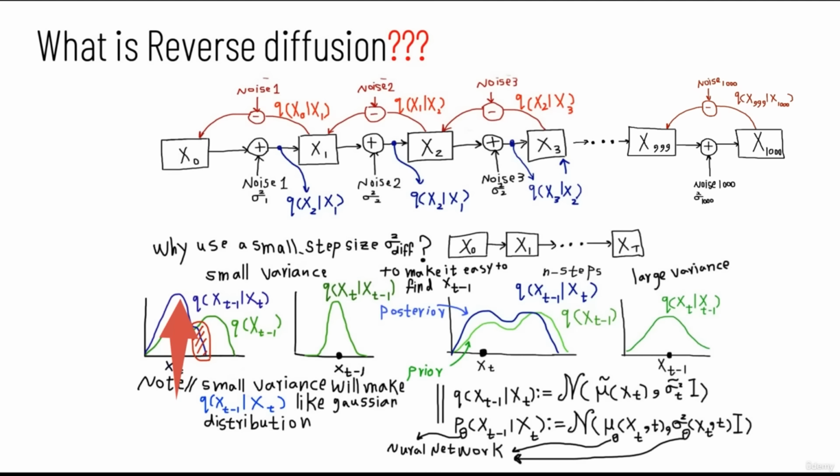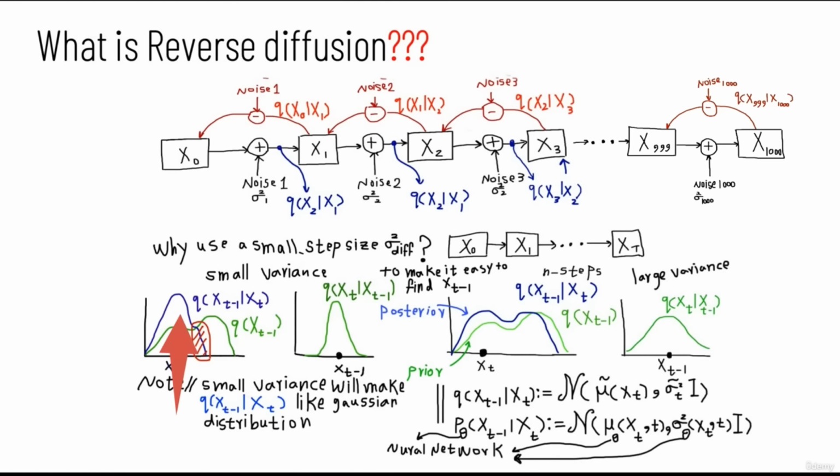You can see now that the range of possible values inside this posterior distribution is smaller than what it was before, which means that we are more certain about the value of xt minus 1 given the value of the variable xt, because the value of the xt variable has a large amount of information about the value of the xt minus 1 variable.